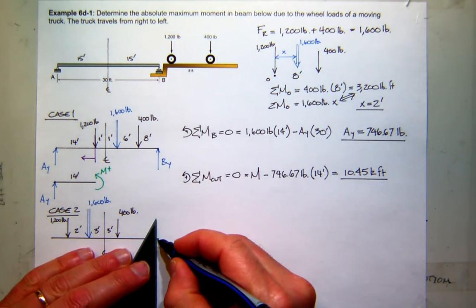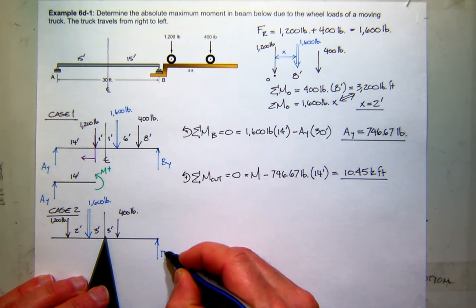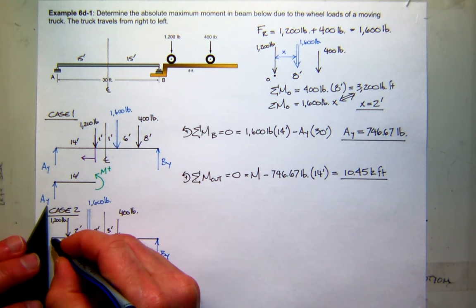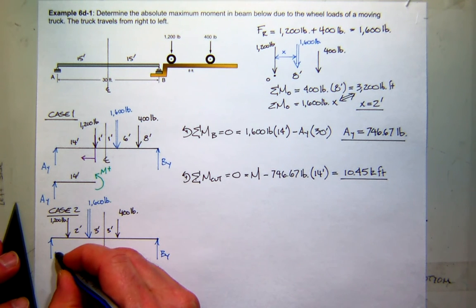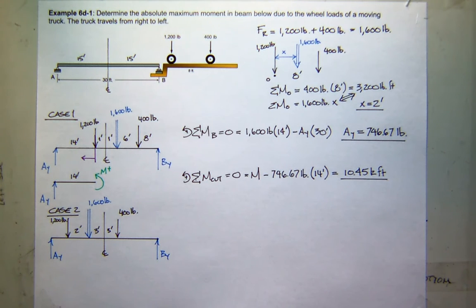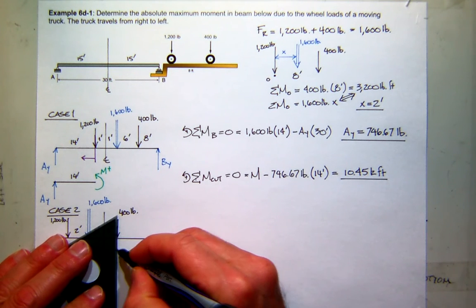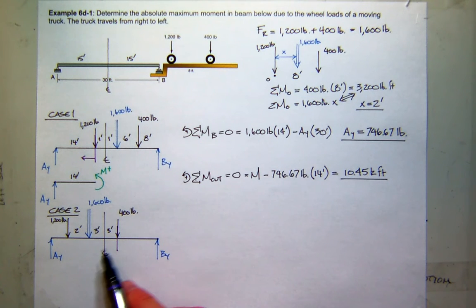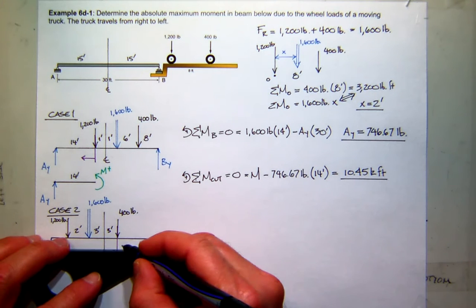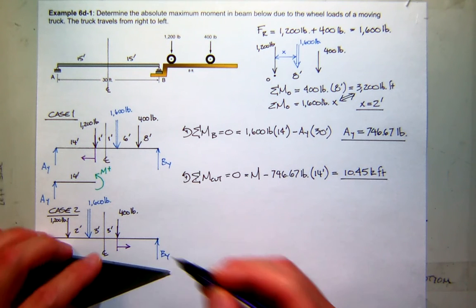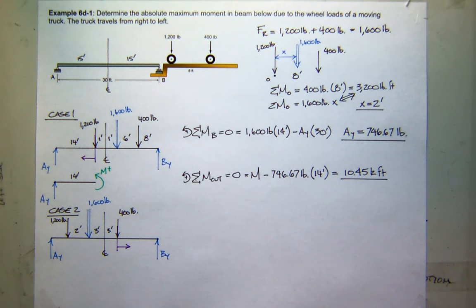And now we have different reactions at B and A. So I've constructed another statics problem for you to solve, except where am I going to look for this point? Under the 400 pounds. So here's my cut, left or right? Right. Hey, look, we went right, we went left. Hey, covered all the bases.